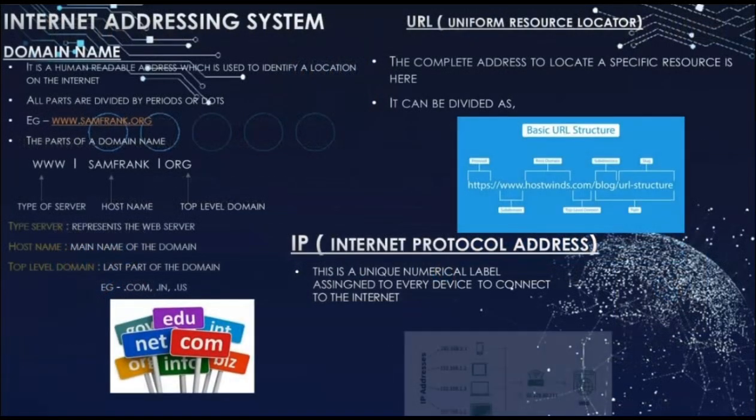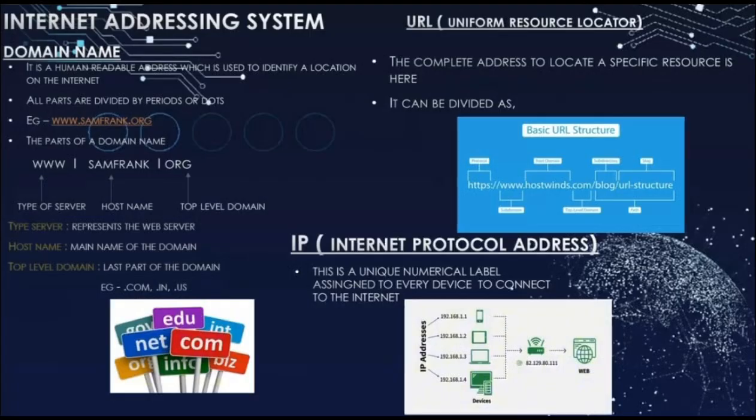Internet addressing systems are domain name, URL, IP address, etc. A domain name is a human readable address which is used to identify a location on the internet. All parts are divided by periods or dots.